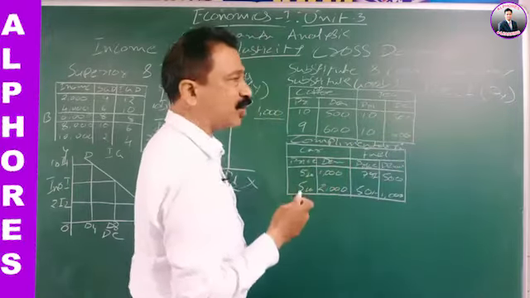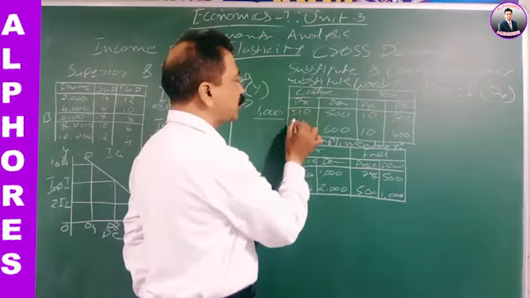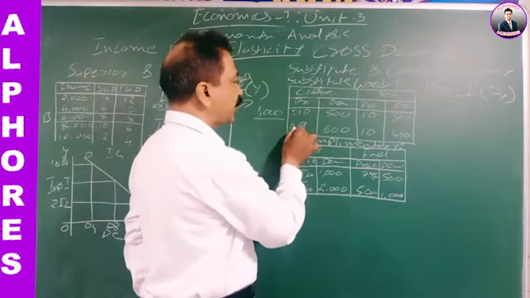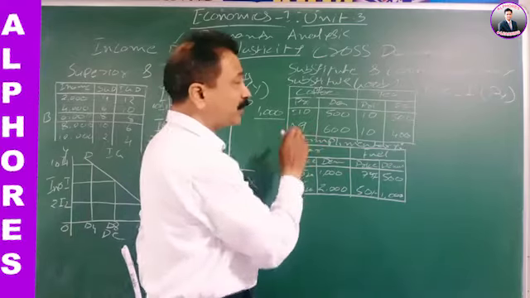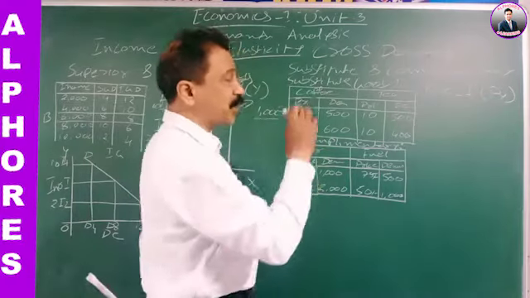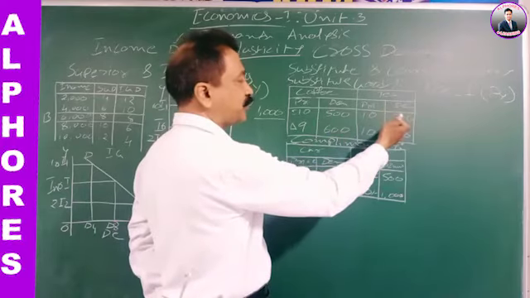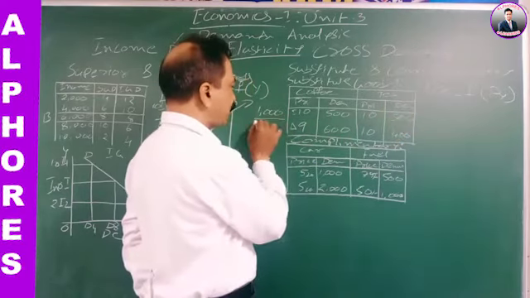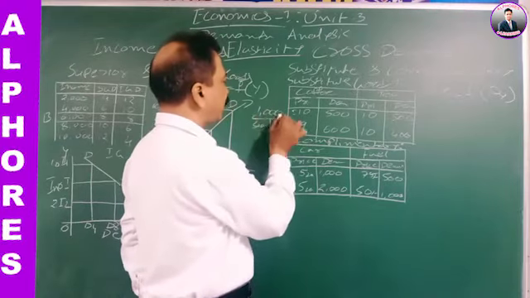Here what happened, all of a sudden coffee price decreased. This is the first position. Then now the change, delta. Price decreased to 9 rupees. Automatically what happens? The people who are preferring tea jump. Out of 1,000, 500 this side, 500 that side: coffee, tea.